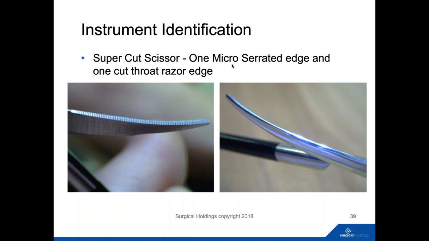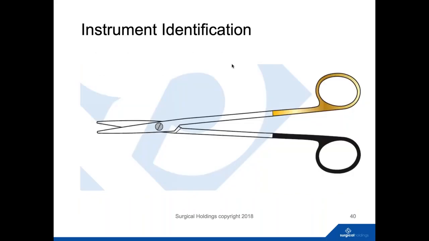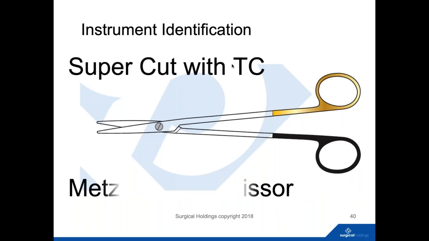The grip given by the serration, and then obviously the slice or cut is performed by the finer edge. That's something we see quite often when things go out for repair, if they're not repaired correctly, that these edges are damaged. And of course, you may see a scissor that looks like this, which has gold and black, which is a combination of the two, supercut with tungsten carbide.